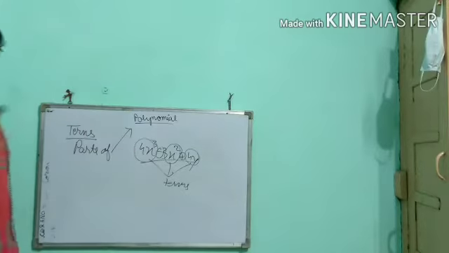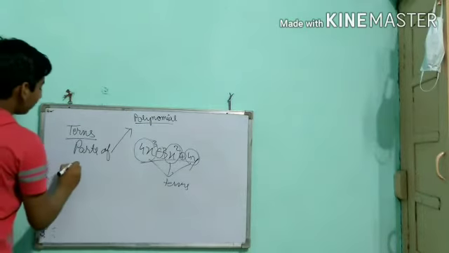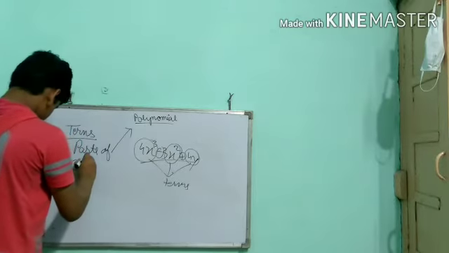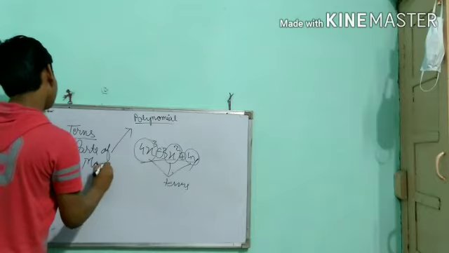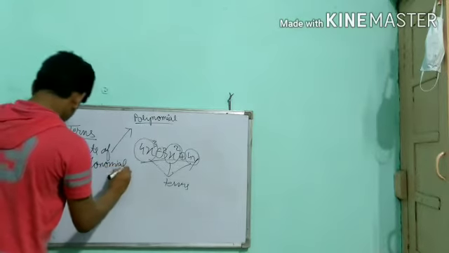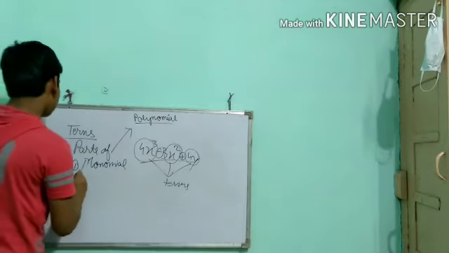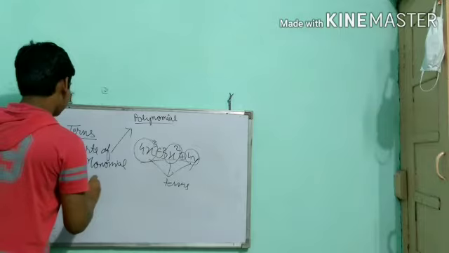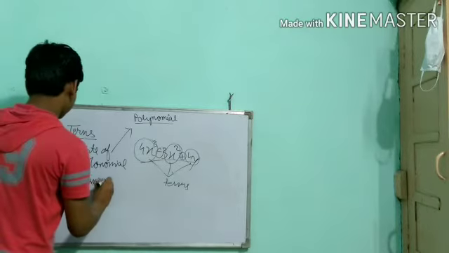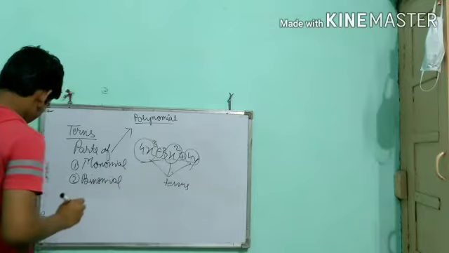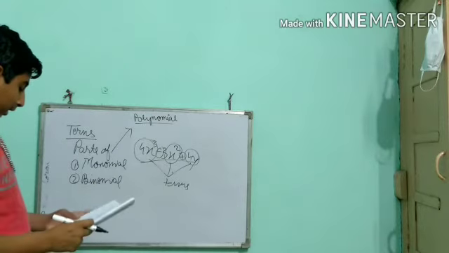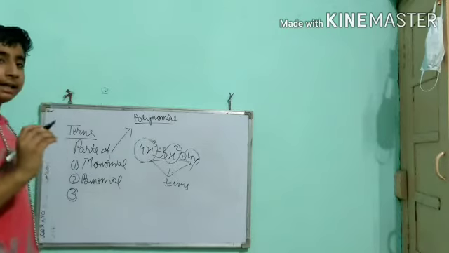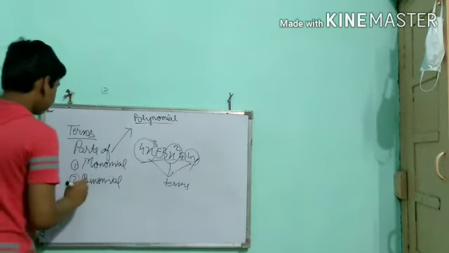And if in any polynomial there is only one term, then it would be a monomial. If there are two terms in any polynomial, it would be a binomial. If there are more than two, like three terms, then it would be a trinomial.